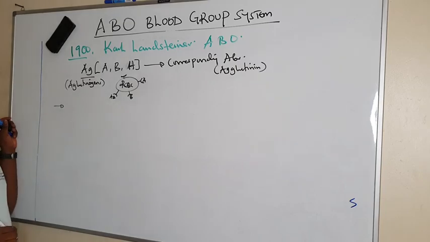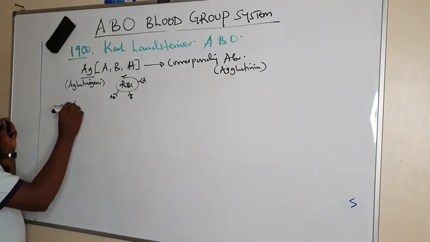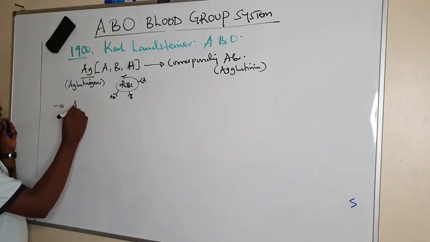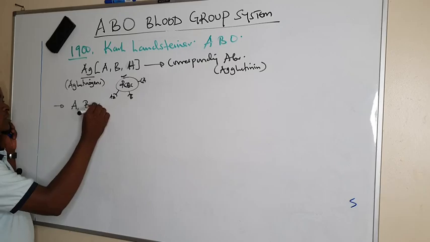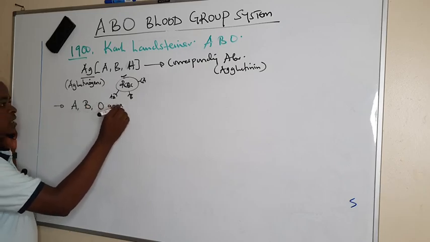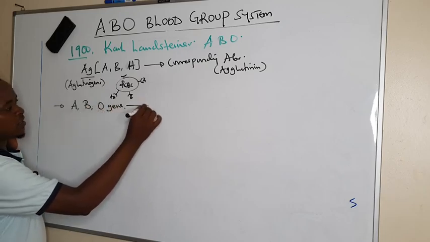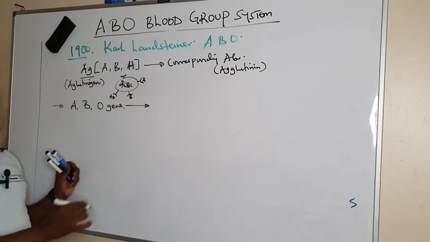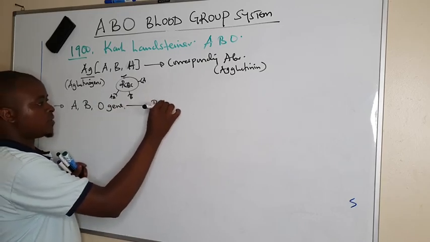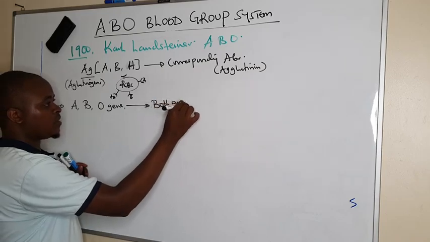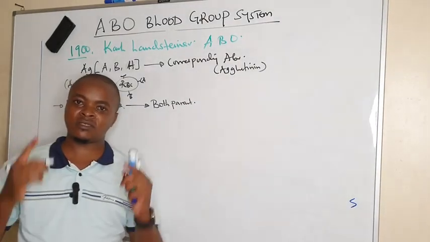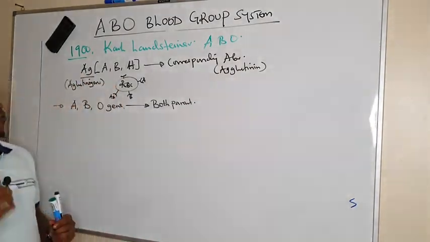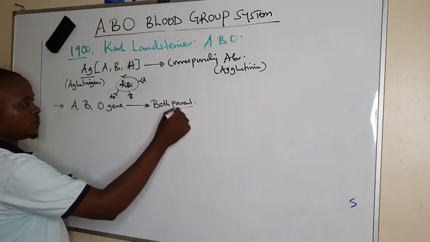Later there is a scientist who came up, known as von Decastello. He found out that there are only 3 genes, that is A gene, B gene, and O gene, and these genes are inherited from both parents, whereby each individual inherits 2 genes, one from each parent.